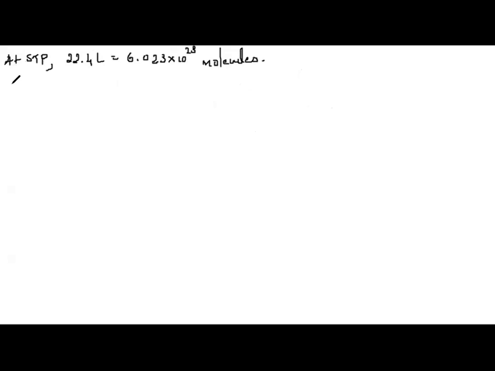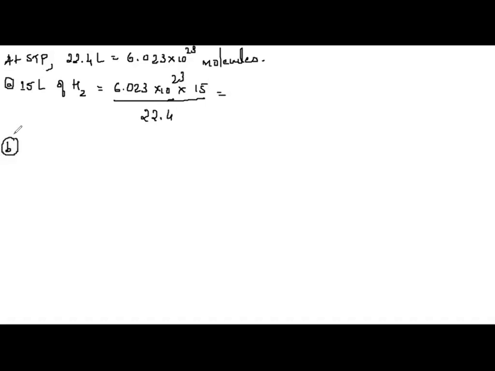So option A is 15 liters of H2 gas. So 15 liters, you cross multiply: 6.023 into 10 raised to 23 into 15, the whole divided by 22.4 number of molecules. Solve it out.